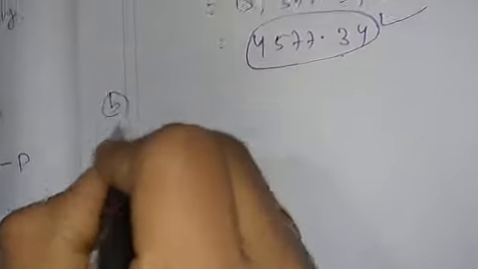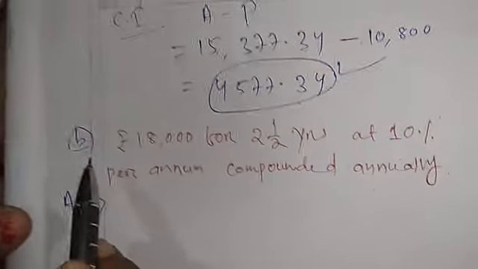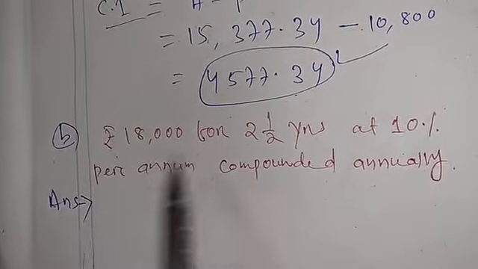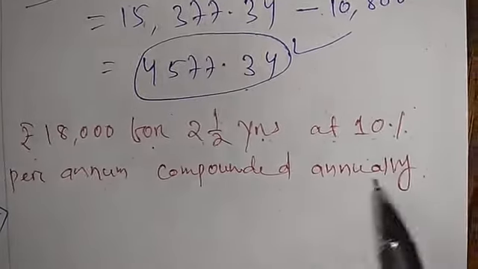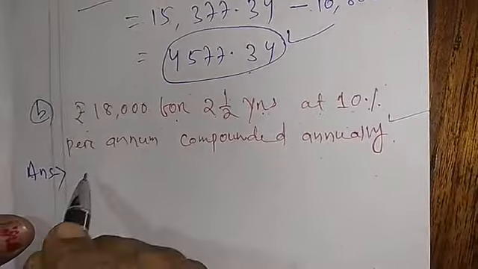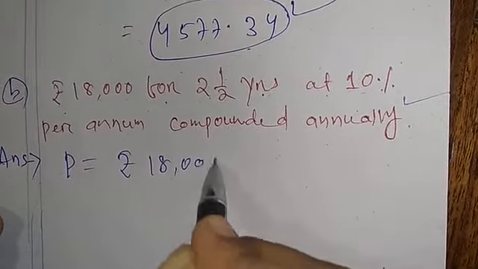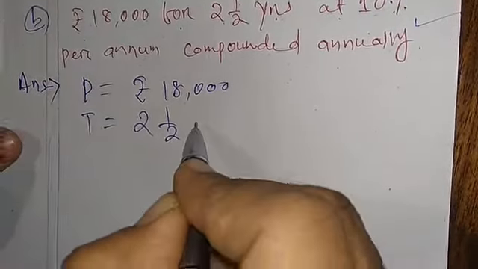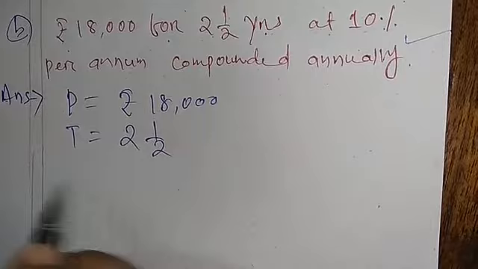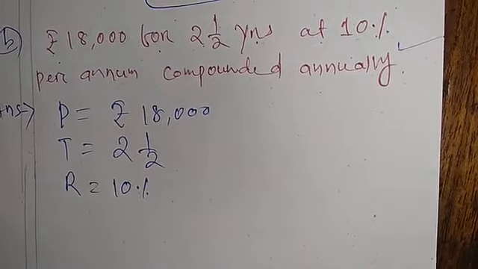Okay, next we solve number B. So number B is 18,000 for 2.5 years at the rate 10% per annum compounded annually. So here principal equals 18,000, T equals 2 whole 1 by 2, and R equals 10% per annum.